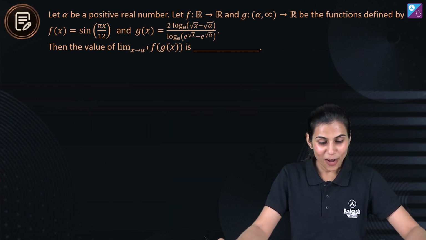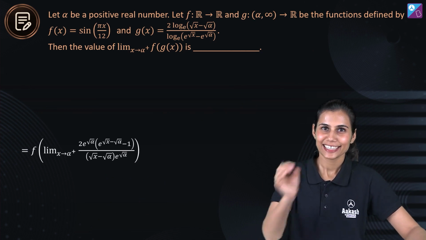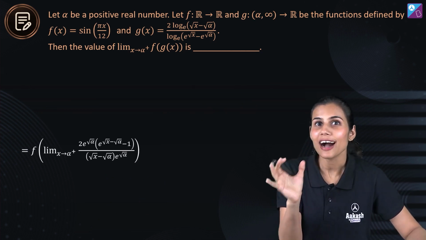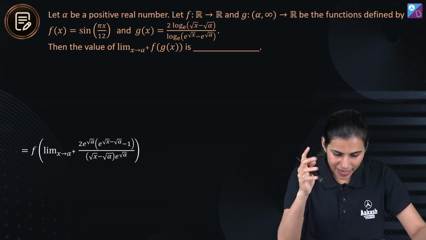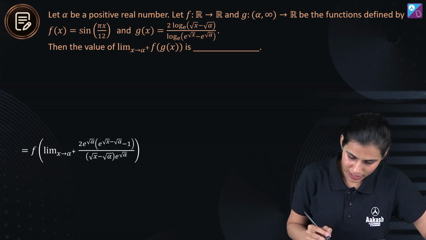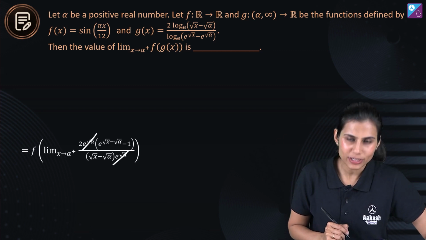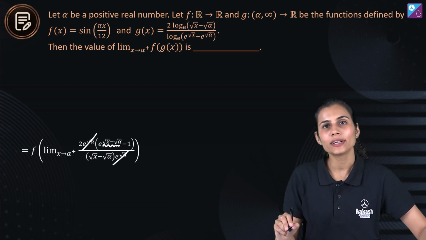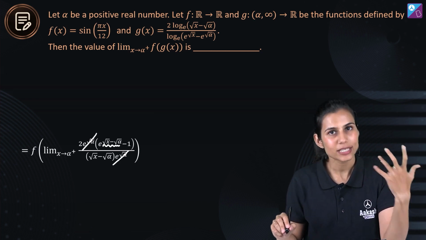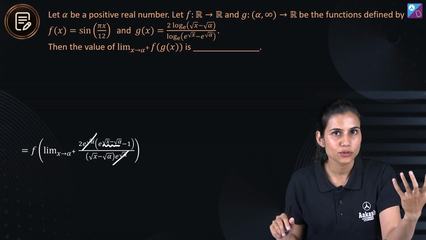Correct? And now all I need is eagle vulture eyes from your end, that is laser beam focus. Basically here, if you carefully observe, once e to the power root alpha cancels out, root x minus root alpha is a quantity which is tending to 0. Are you able to see that?